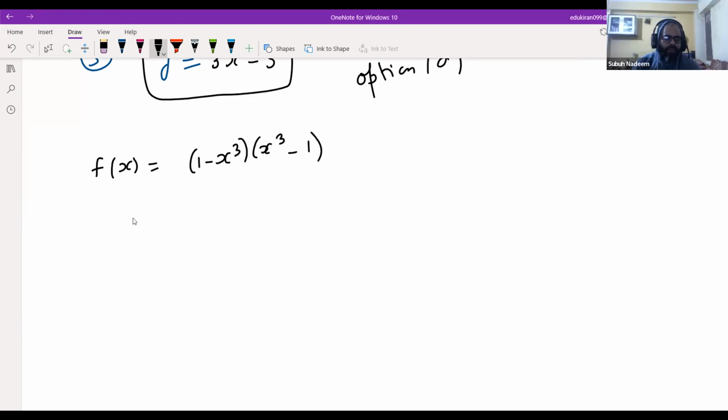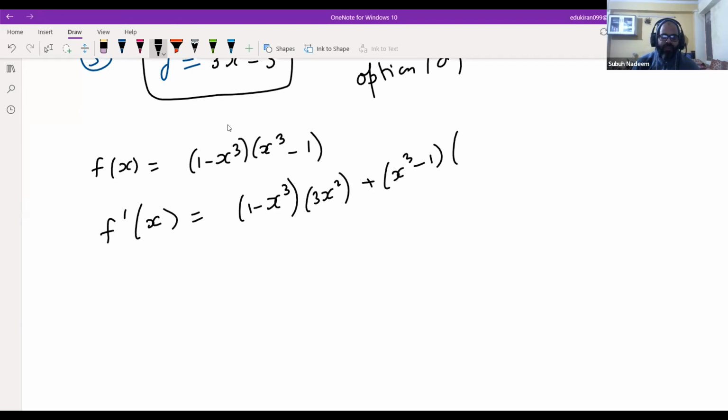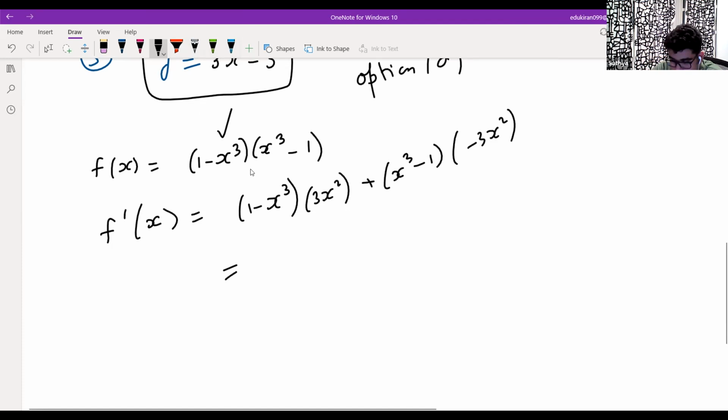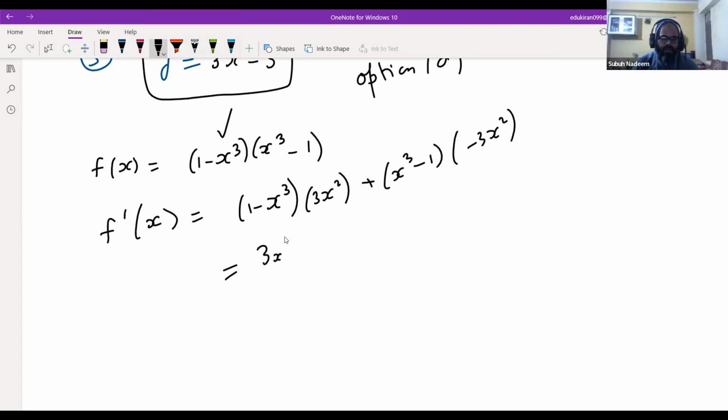So if you differentiate it, f dash of x: 1 minus x cube will be outside and x cube minus 1 will be 3x square on differentiating. Then x cube minus 1 will be outside and for 1 minus x cube, this one will be minus 3x square. Am I right? Yes, sir. So this will become 3x square minus 3x to the power 5. Here it will become minus 3x to the power 5 plus 3x square. So overall it will become 6x square minus 6x raised to the power 5.